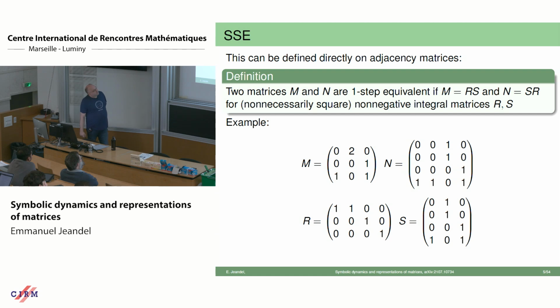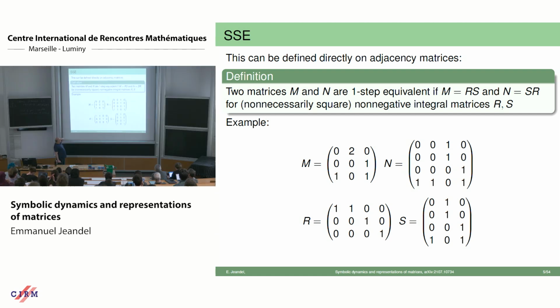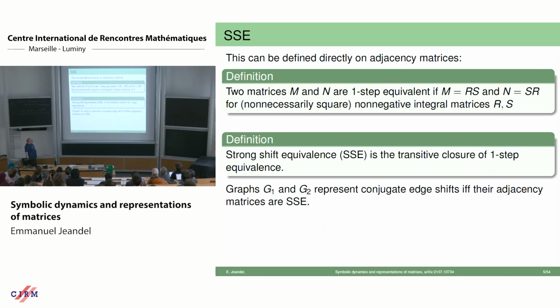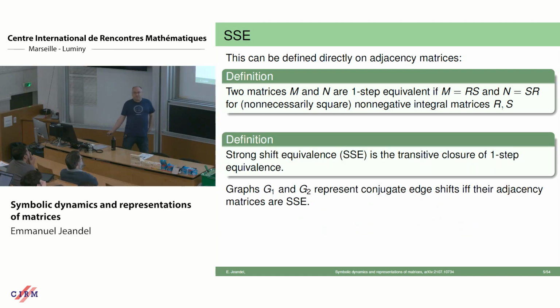For instance, these two matrices M and N are one step equivalent because M is RS and N is SR for the two matrices below. This is what is called one step equivalent, and then if you take the transitive closure of that, you obtain something which is called SSE equivalence. And this is exactly the same as conjugacy. So this is a way to see conjugacy in terms of matrices.